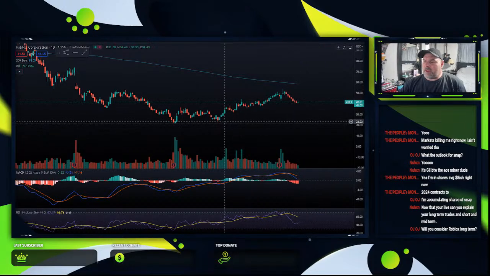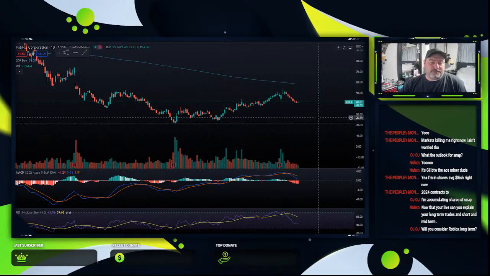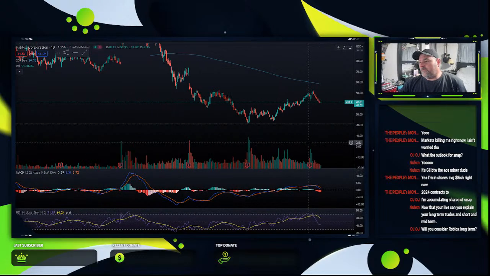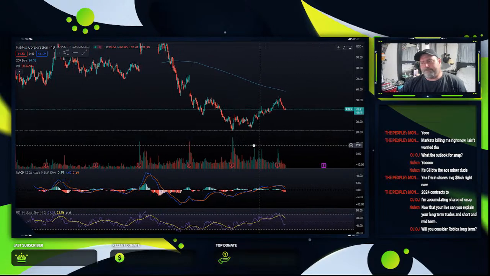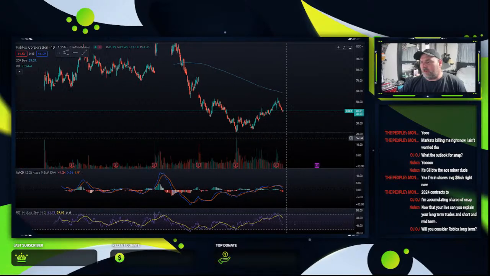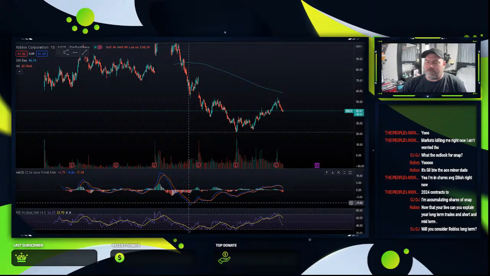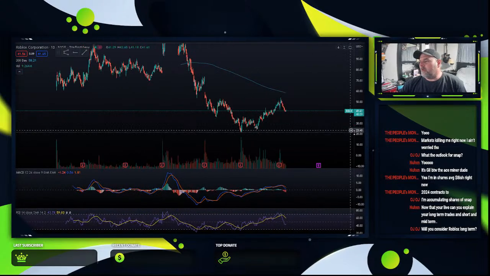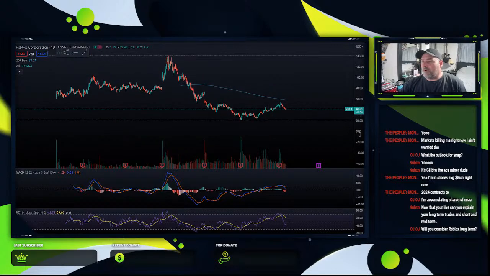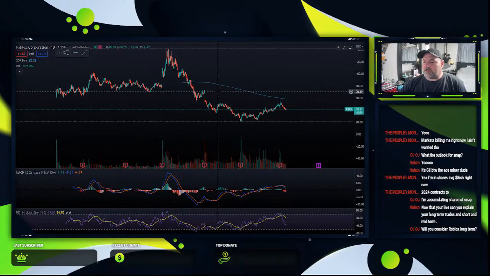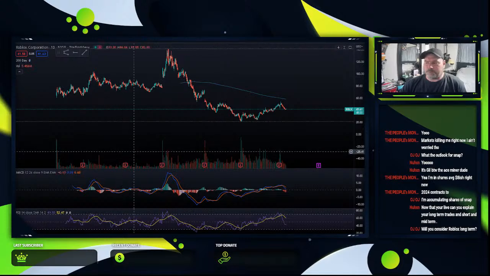But anything above 24 bucks, you're making a higher low. So if you're in it right now, you've got to hang on to it. It's doing what it needs to do, but we need a whole lot more data to form, and it's got a lot of work to do before it gets back up to this trading range of between $70 and $90.